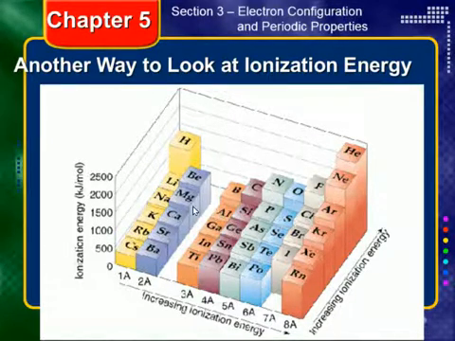That's all right because this is just a trend. As we move to the right from aluminum to silicon, we see that the ionization energy goes up. As we go over one more to phosphorus, it goes up. Sulfur, a little bit debatable right there. But then when we go to chlorine, it goes up yet again. And then to argon, going up yet again. So we see this overall trend of ionization energy decreasing as you go down a group and increasing as you go to the right across a period.